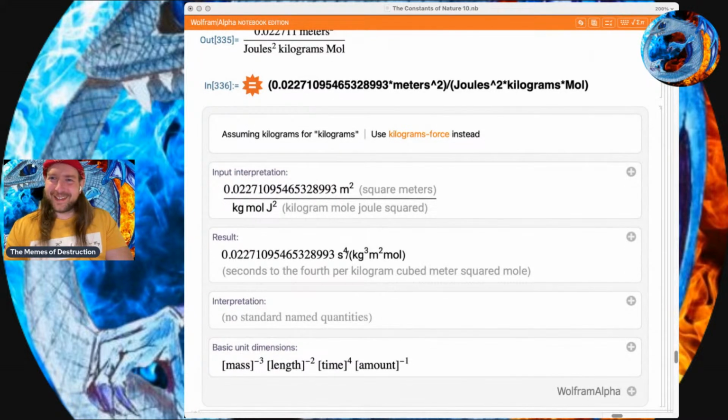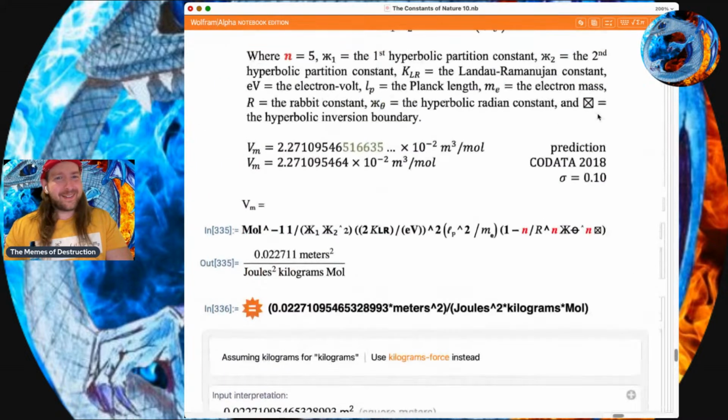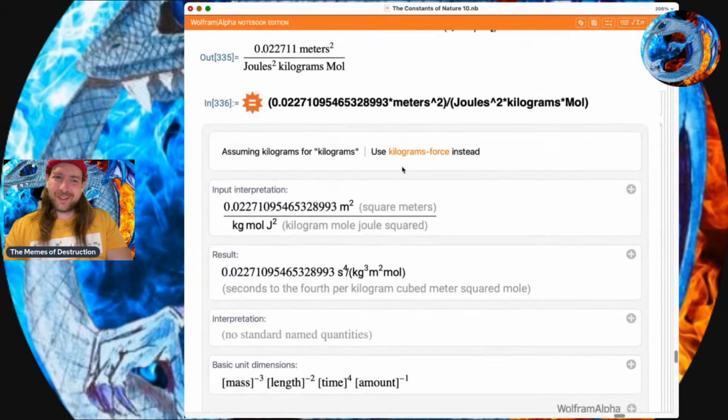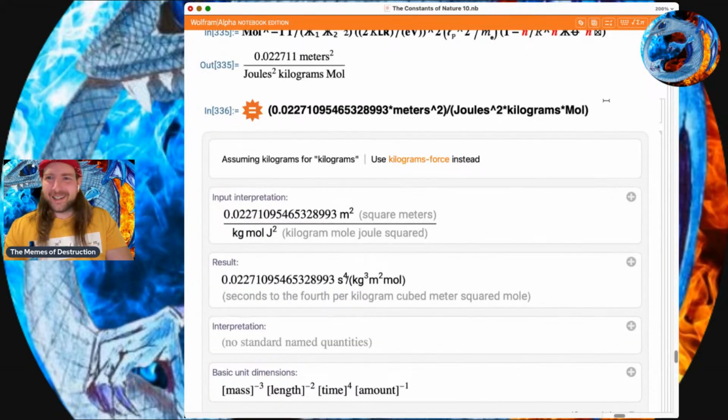So, but why is that? Why is it still expressed in m cubed? Divide by mole. One mole. Molar volume? Divide by mole? Do I multiply it? 1 over mole?